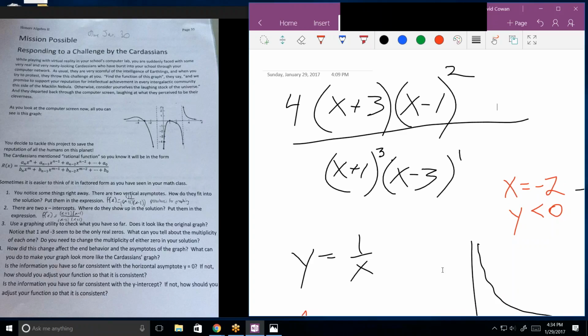Let's go back and look at their definition of their rational function. I wonder if we put a minus sign here, what that would do.